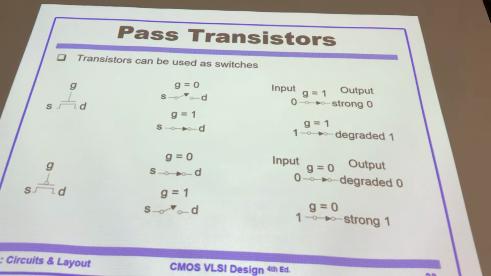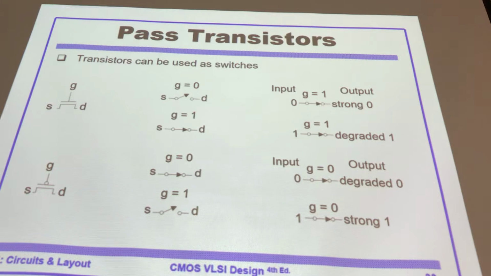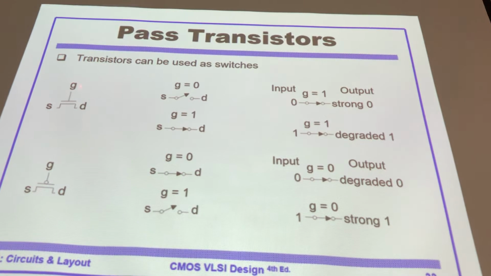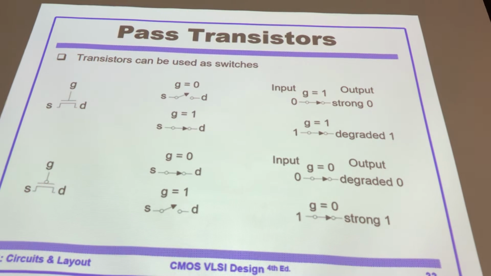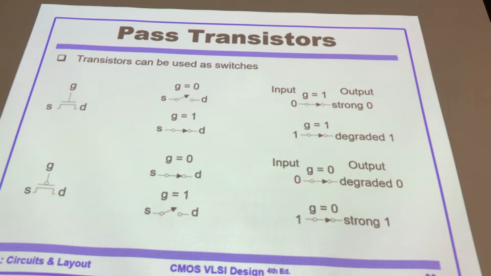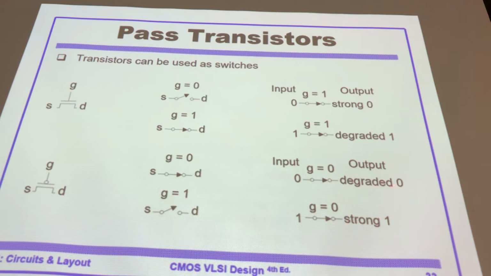So that's it. NMOS transistor, PMOS transistor are switches, can be used as switches. And when gate 1, gate 0, these are on for the switch. But you have to remember that when NMOS transistor is on, it's not going to transmit strong signal 1. For PMOS transistor, it's not going to transmit strong 0, but degraded 0.